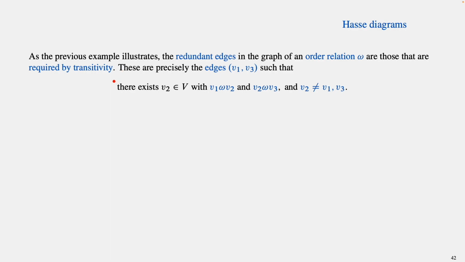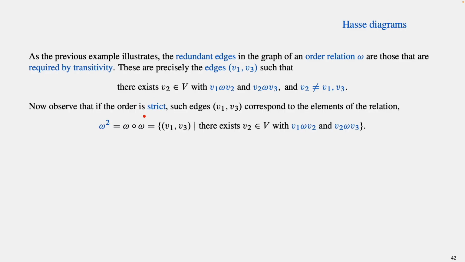And these are precisely those edges (v1, v3) such that there exists some vertex v2 with v1 omega v2 and v2 omega v3, and v2 not being identical to one of v1 or v3. So then this edge would just be precisely an edge that is required by transitivity to exist in the relation.